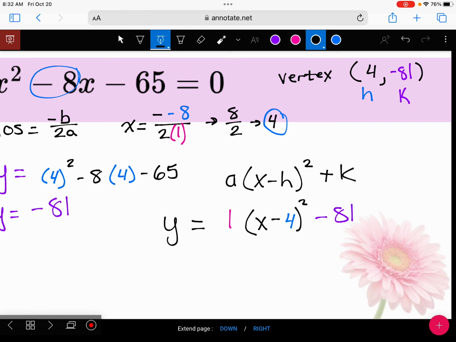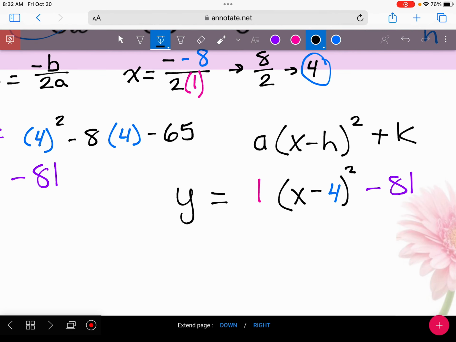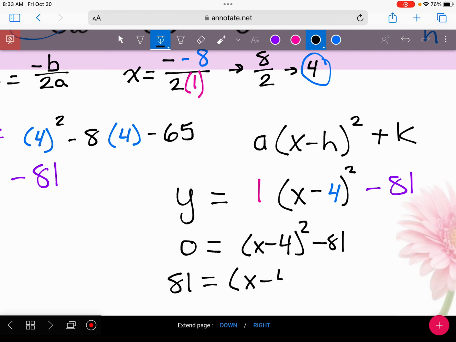So you don't have to complete the square to get it into vertex form. I could even come through and solve this from here, just like we did yesterday where we have our y be 0. (x minus 4) squared minus 81. Add 81 to both sides. And we could solve it this way just by using our square root properties.